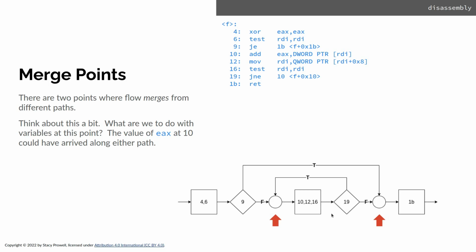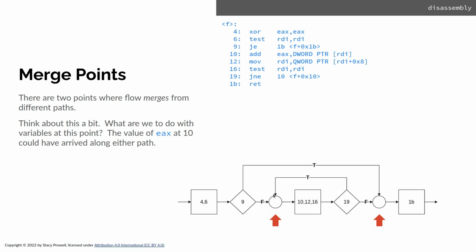Why is that again? Here I might say something like RAX7 gets RAX6 plus 1, and then I go around and oops, now I've got RAX7 coming in, and so I need RAX8 gets RAX7 plus 1. Or I have RAX0 maybe flowing in here, and so this could be RAX6 or 7 or 0.